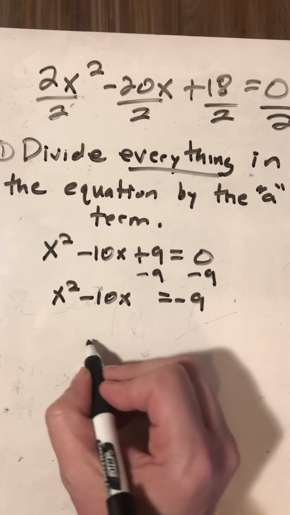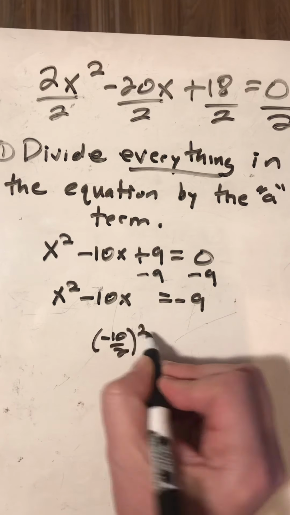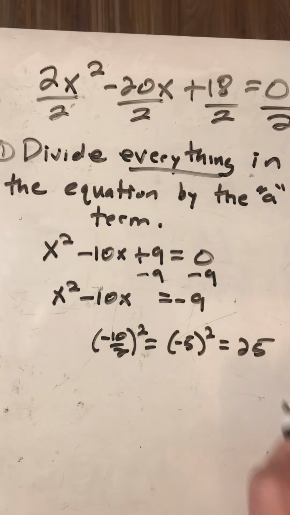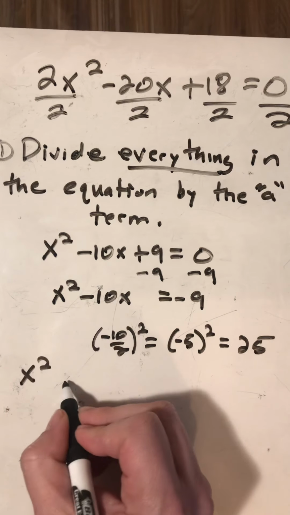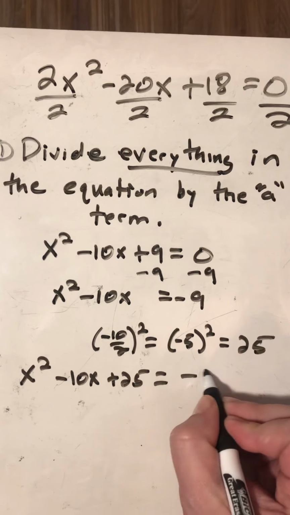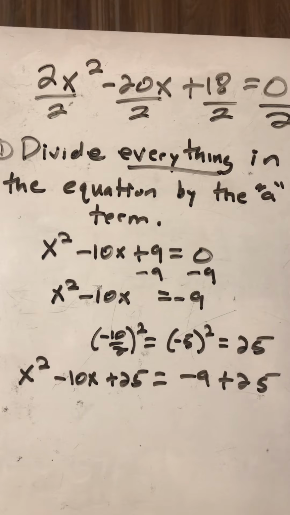So if I do the b over 2 squared, I'm going to have negative 10 divided by 2 squared, which is negative 5 squared, which is going to give me 25. That's what I'm going to add to both sides. So I'm going to have x squared minus 10x plus 25 equals negative 9 plus 25. Remember, you add that term that completes your square to both sides of the equation.